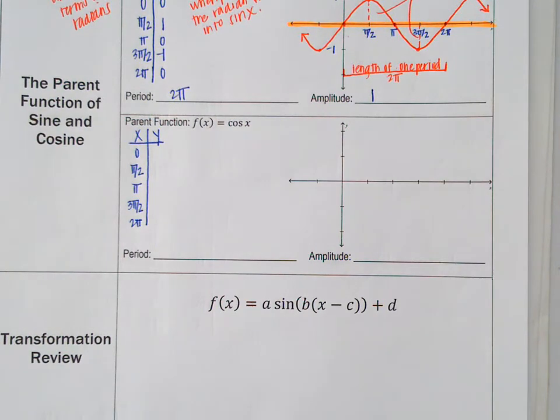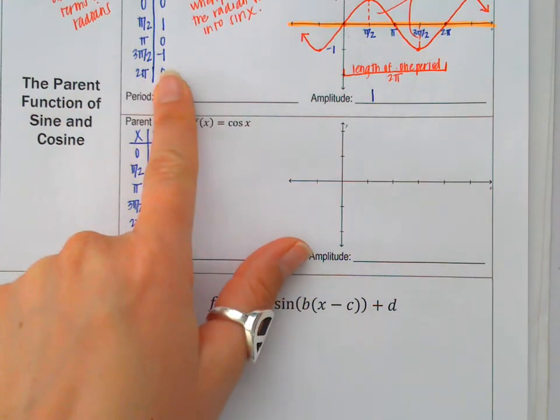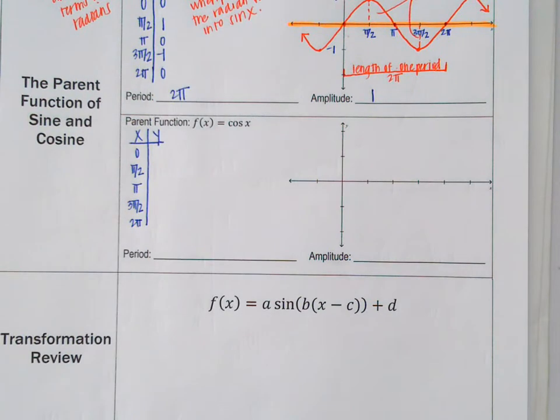Because instead of plugging those radians into sine, we're plugging those radians into cosine. So what I want you guys to do is pause me here and try to get your y values on your own, just like we did up here using the unit circle. So pause me here and then come back and check your work.